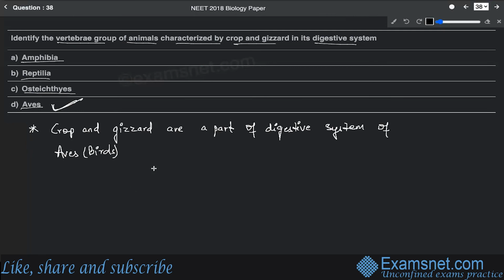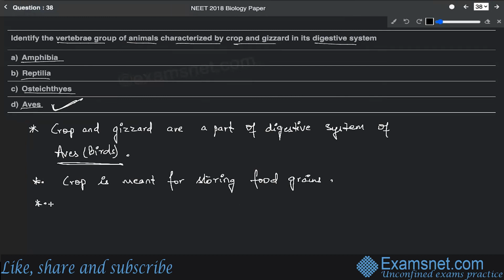All right, so as I told you that they are a part of the digestive system of aves, that means birds. And as I told you, that crop is basically a storage organ. All right, so crop is meant for storing food grains, you can say, while gizzard is meant for grinding the food particles.